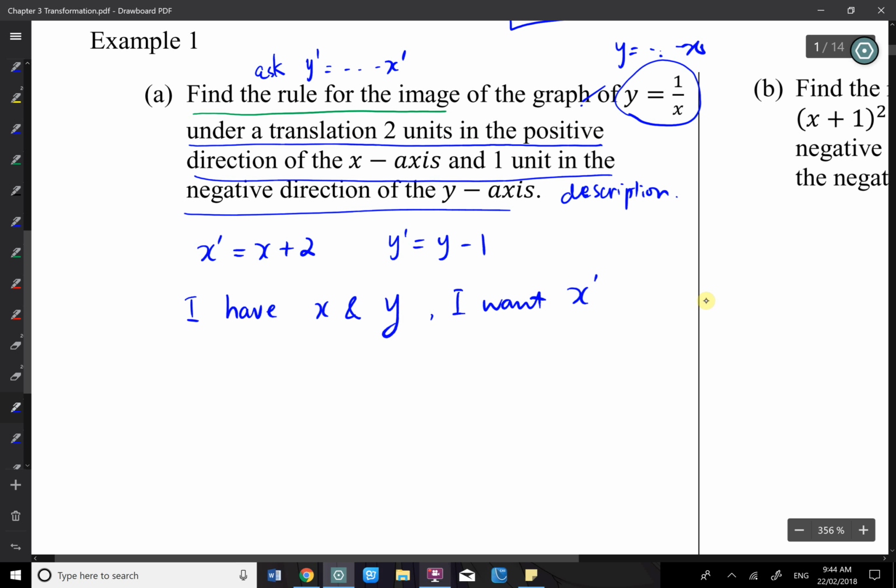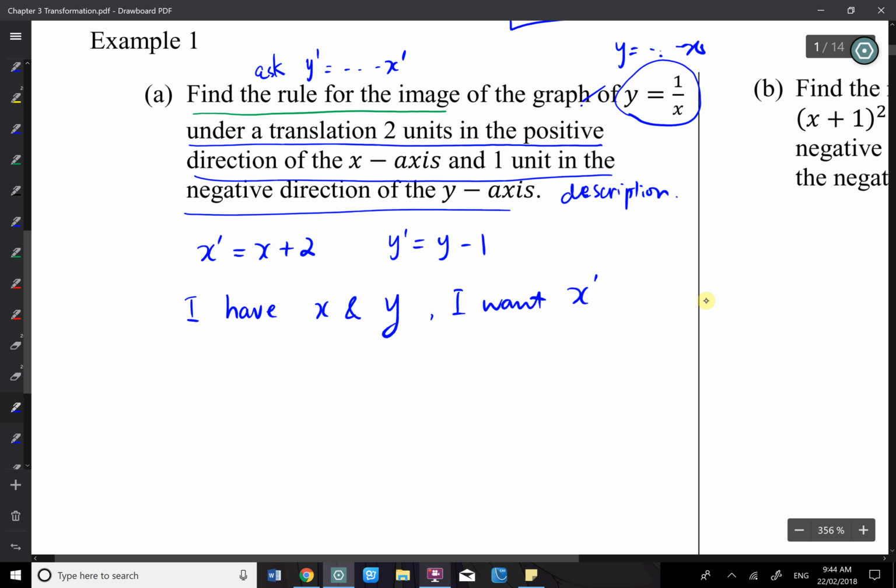I replace that y, I have replaced that x, and everything else stays the same. So y dash equals x dash plus 4 squared minus 4. So y equals x plus 4 squared minus 4. That's the resultant function.